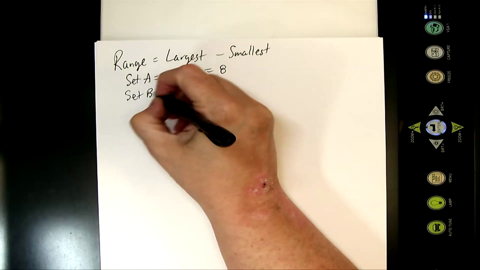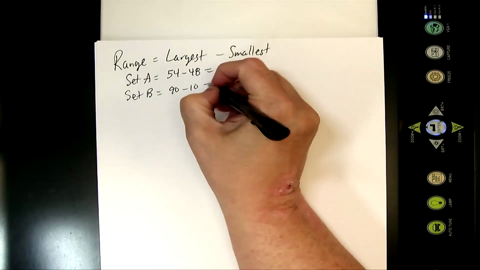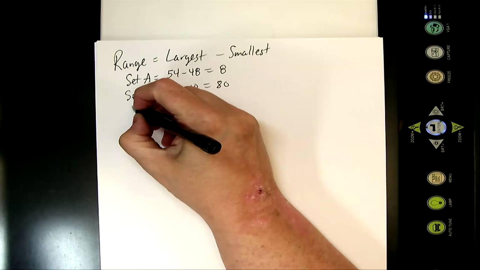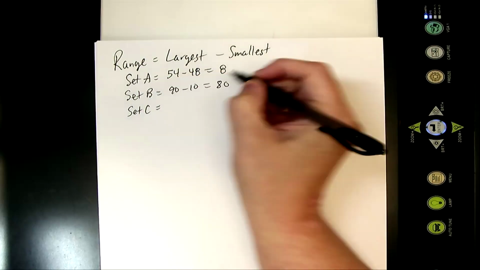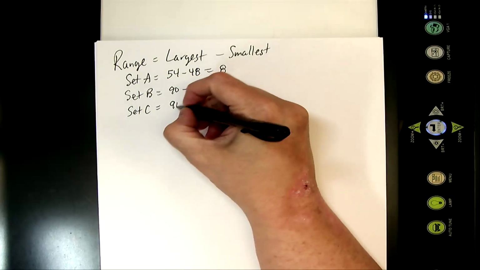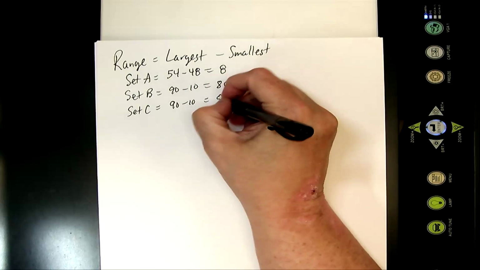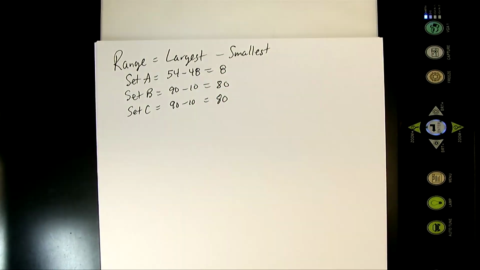Set B, 90 minus 10 is 80. Set C was also 90 minus 10, which was 80. So B and C had the same median, mean, and range, and yet they still look quite a bit different. So range isn't the best choice.